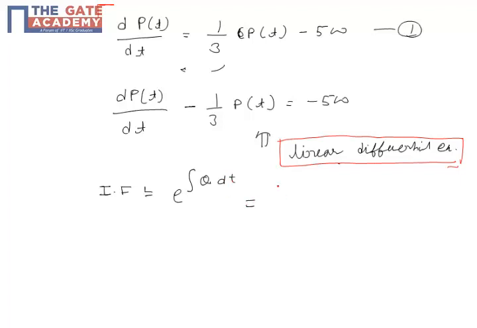What is Q? Q is this. It means e to the integral of minus 1/3 dt, and what does it become? e to the power minus t/3. Then what is the solution?